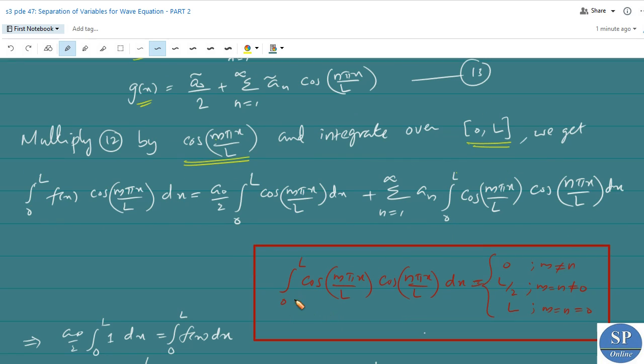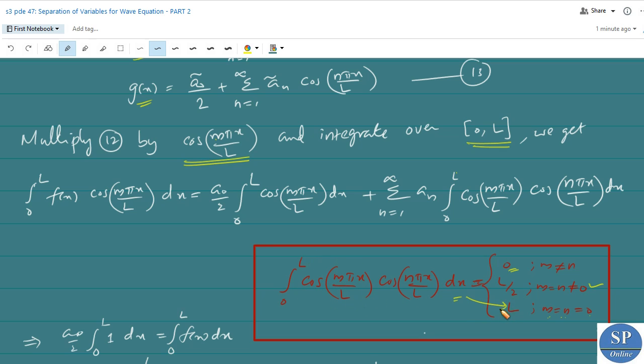We already know that integral from 0 to l cos m pi x by l into cos n pi x by l dx is equal to 0 when m is not equal to n, and it is equal to l by 2 if m is equal to n which is not equal to 0. If m equal to n equal to 0, the value of this integral is l, that is, cos 0 into cos 0, integral 0 to l dx, the value will be x from 0 to l, that is l.